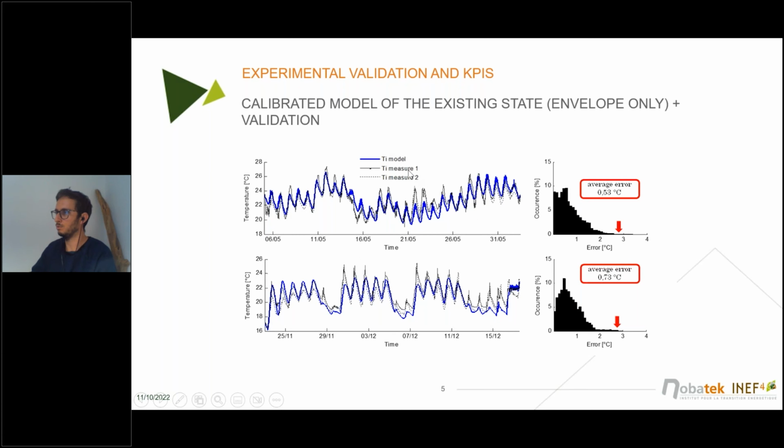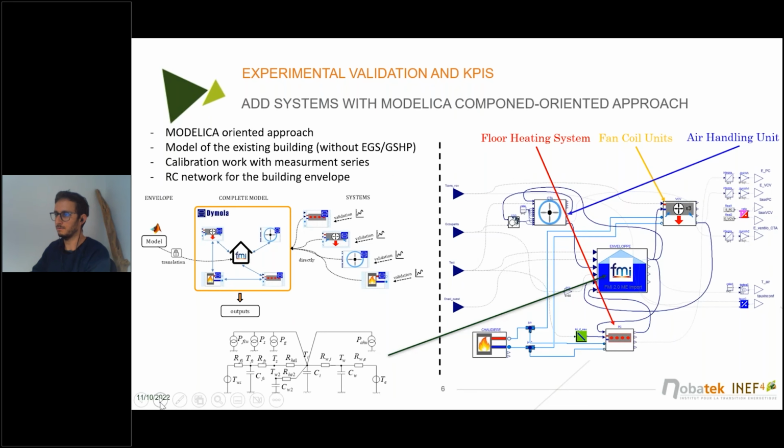The model is in blue and the sensors in black. And we can see here that the model is okay for us. The level of accuracy is quite good. There are no big errors, and the major part of the time the error is less than 1 degree, so it's suitable. So we can use this model after validation for the next step.